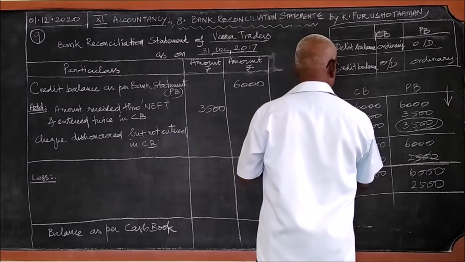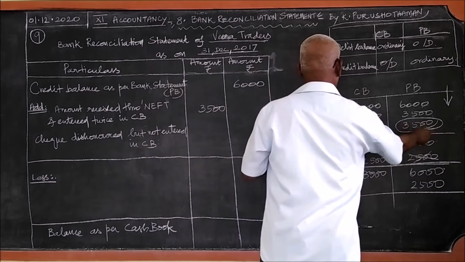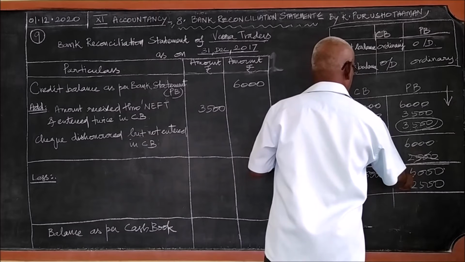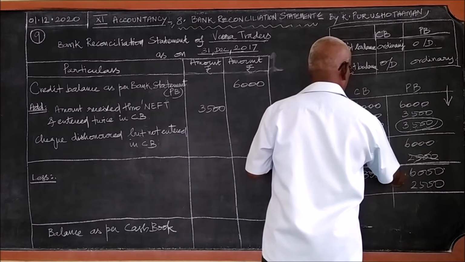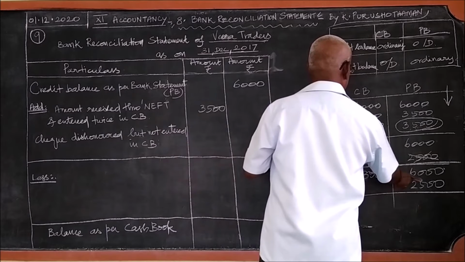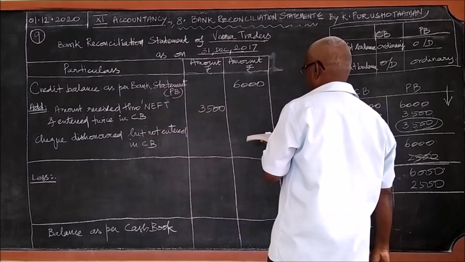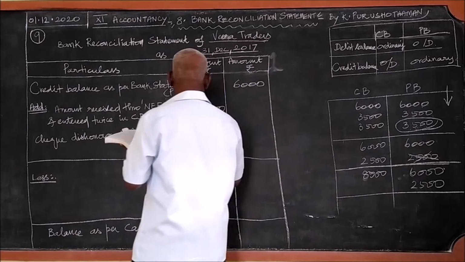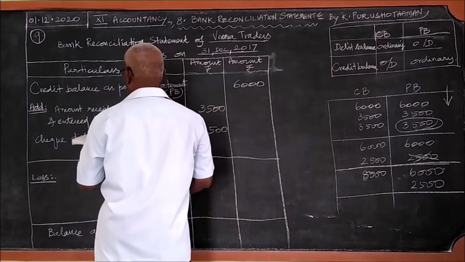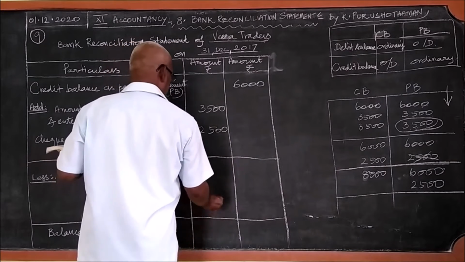Therefore, the balance will go to 8,500. But what happens when it goes to the bank? It is discounted. So the balance will be smaller in passbook. So to equalize these two, what should be done? The amount should be added to this passbook balance. So it should be added 2,500. Only two items are given in the problem and there is no less item.